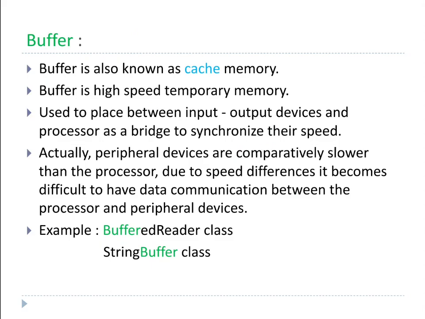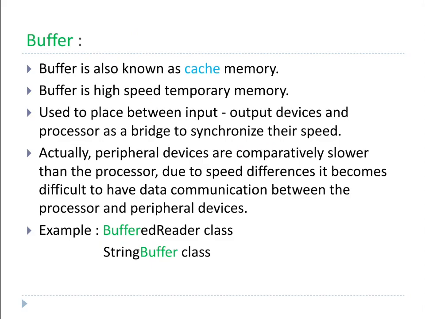Why are we using cache memory? Because the processor has so much speed compared to input output devices. Input output devices are also known as peripheral devices. And when both want to work together, then speed issues come. That's why cache memory is placed between both of them so that they synchronize their speed.